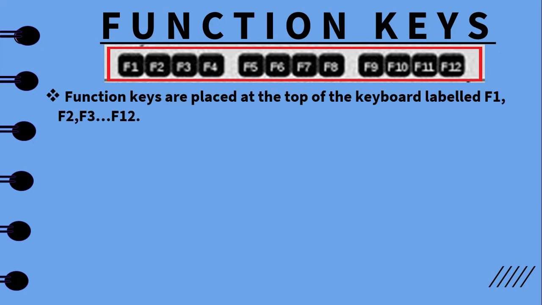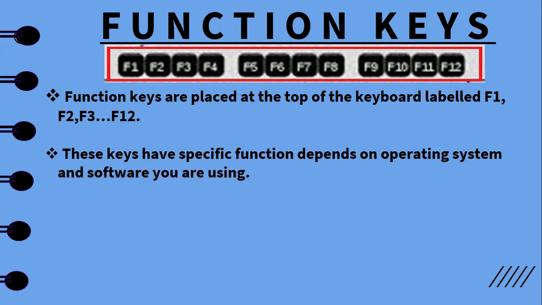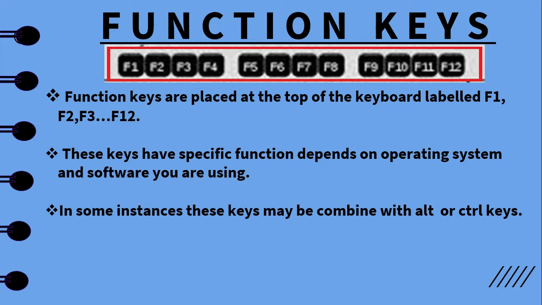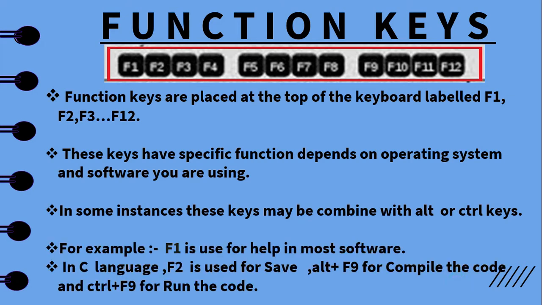In some instances, these keys may be combined with Alt or Control keys. For example, F1 is used for help in most software. In C language, F2 is used for save, Alt plus F9 for compile the code, and Control plus F9 for run the code.